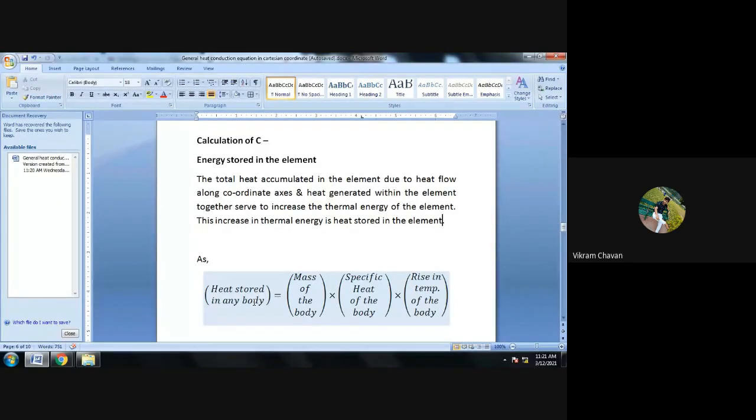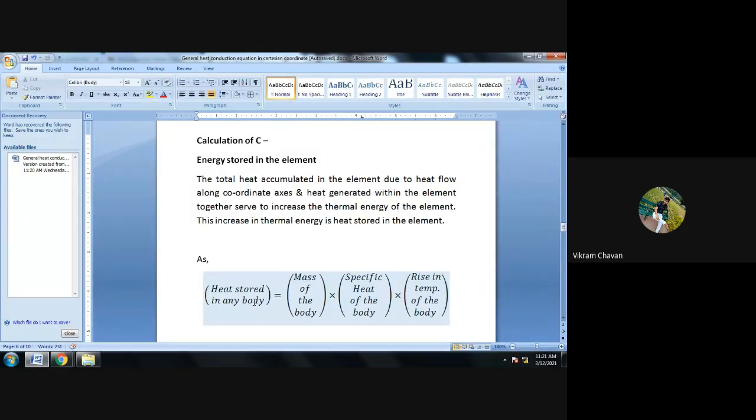Heat stored in any body is equal to the mass of the body multiplied by the specific heat of the body, multiplied by the rise in temperature of the body.